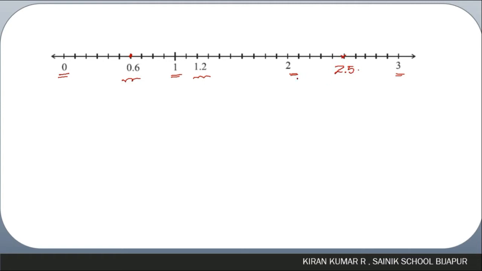This is how we represent a decimal number on the number line. Here I have shown when the decimal is only 1. If the decimal part is only 1, this is how we represent it on the number line.